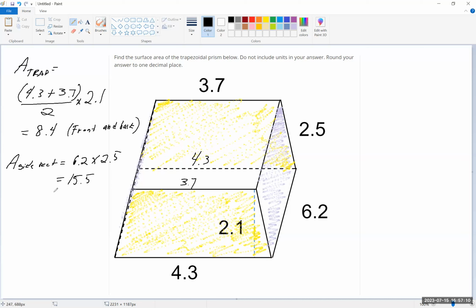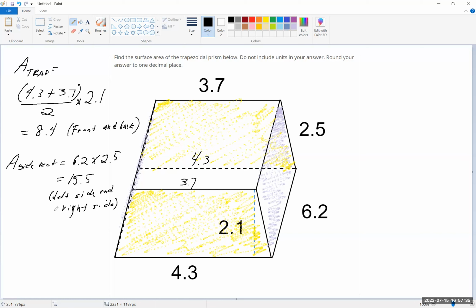And let's make a note that that's left side, which you really can't see, and the right side. Okay. So that's the purple part.